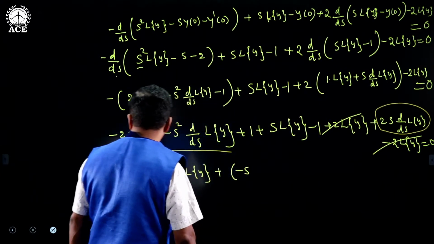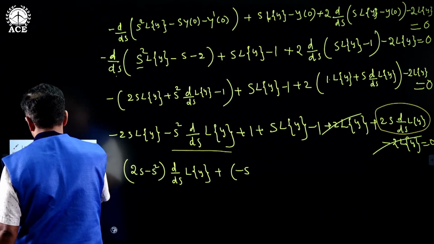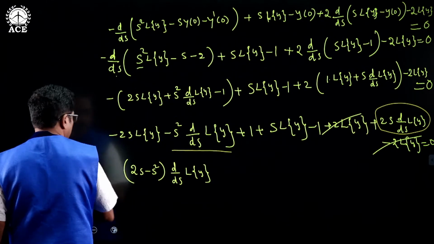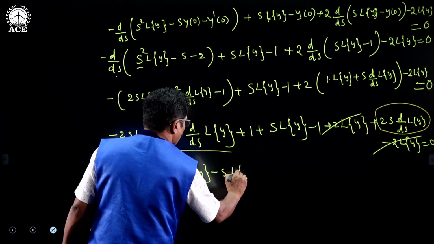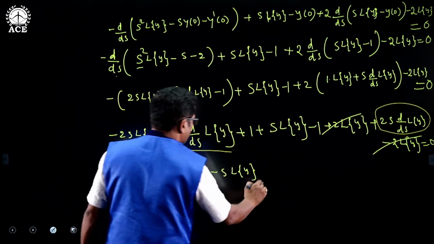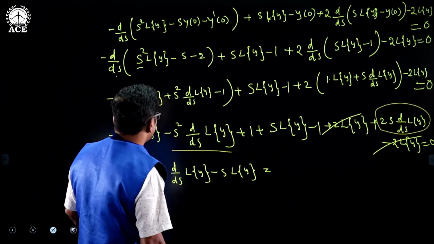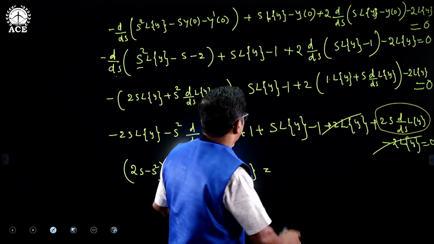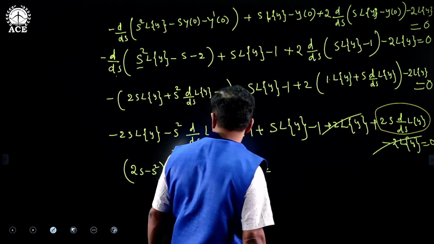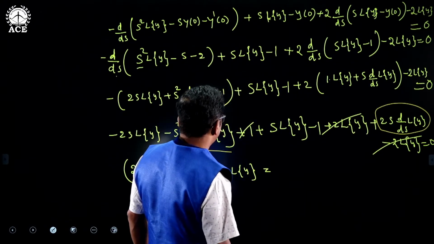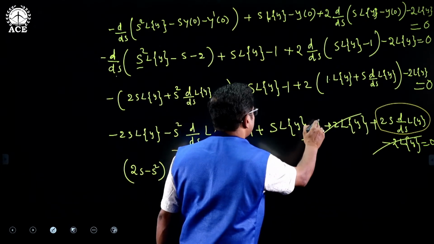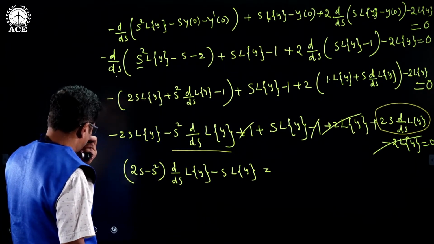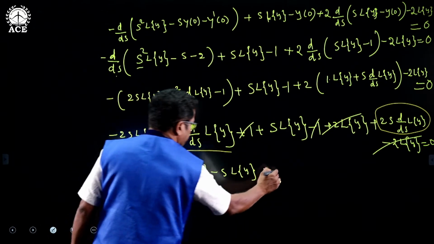Okay, so minus s L of y only you get. Minus s L of y is equal to, what are the terms left here? Plus 1 is there and minus 1 is there. Those two also get cancelled, isn't it? Plus 1 and minus 1 is going to get cancelled. And what terms still left? Okay, that's all. So is equal to 0.